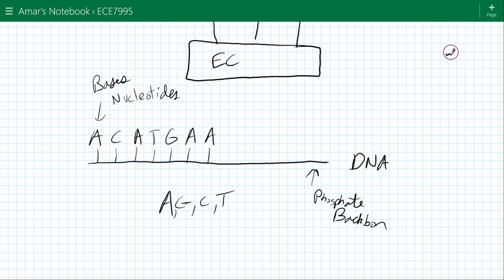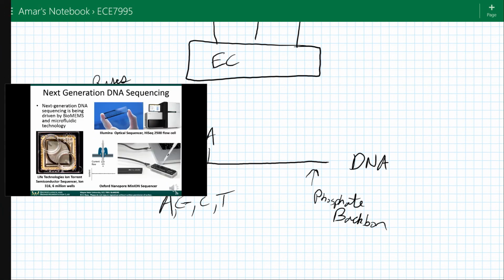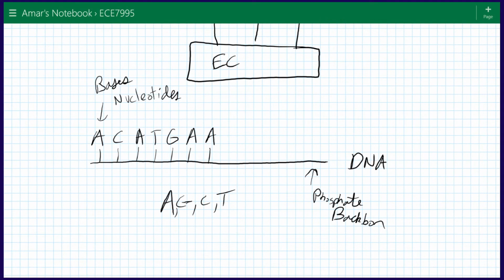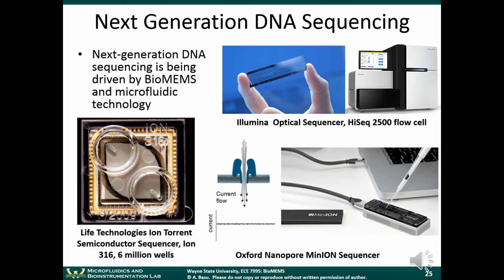I wish I had a slide on this, but let's just come back to this. The initial Human Genome Project cost $1 billion to sequence one genome. Very, very expensive. Obviously that's not practical. It's of scientific importance, but not practical.